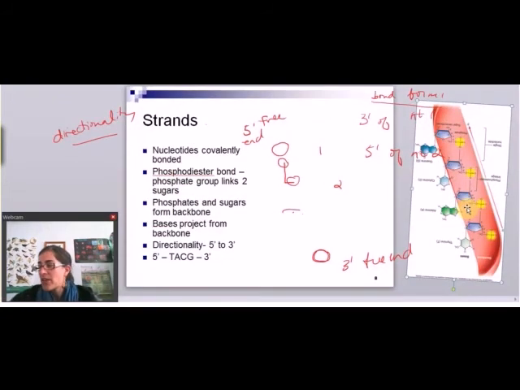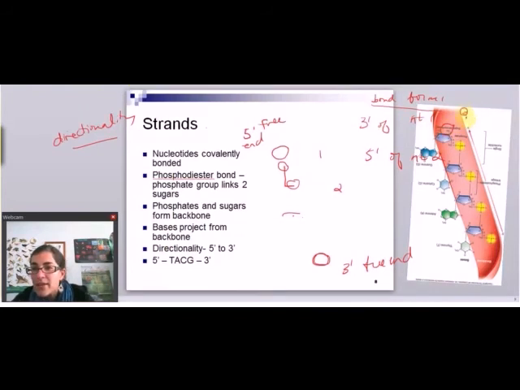And so now that I've turned the molecule, this 3' end is now on top, and the 5' end is now on the bottom. Remember, earlier it was the opposite. It's the same exact molecule. I've just flipped it around. And remember, that is not an isomer, it's not a difference, it's the same molecule just flipped over.